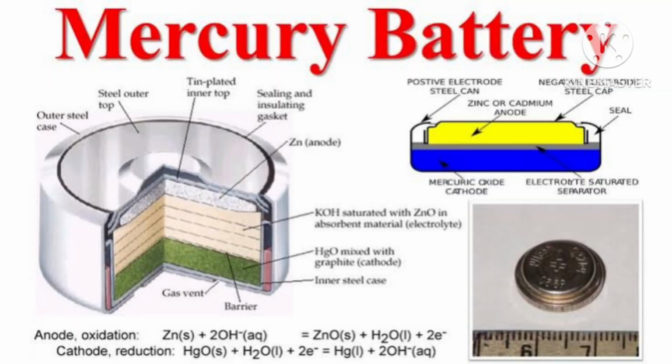Here, in MnO2, Mn was plus 4. After the reaction it became plus 3. After taking one electron, it became plus 3, and the product is MnOOH.